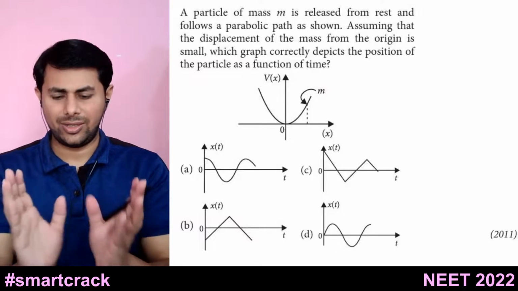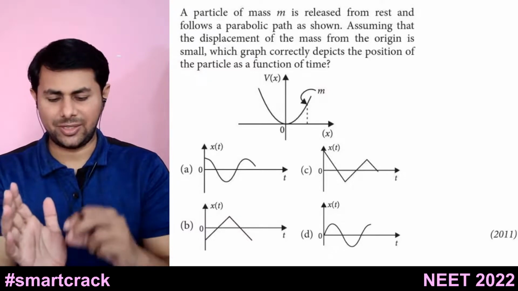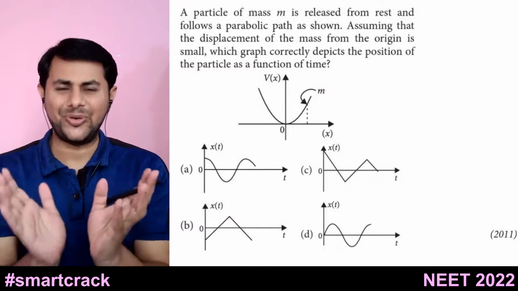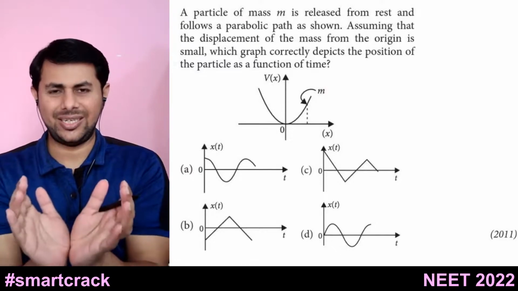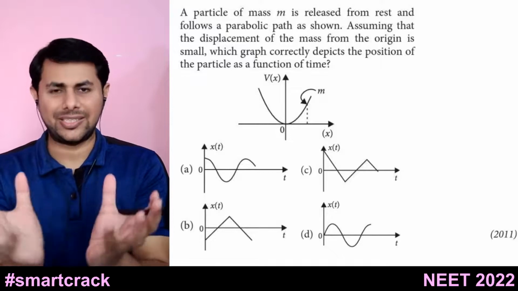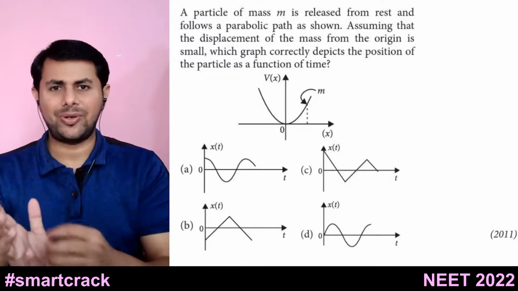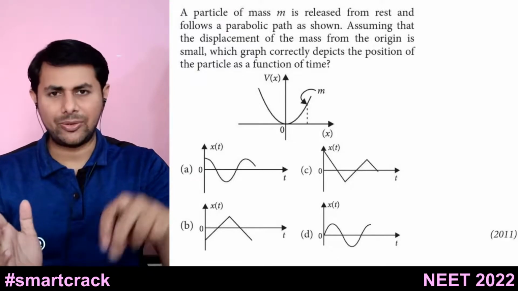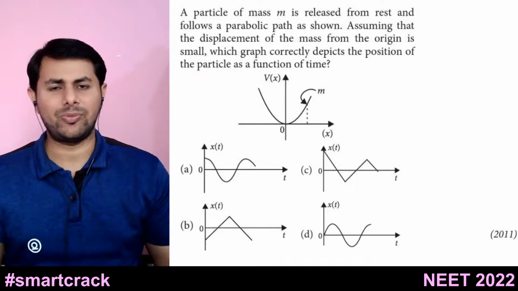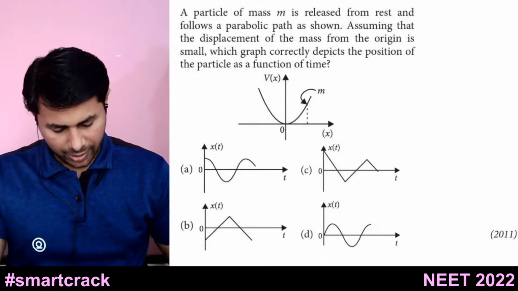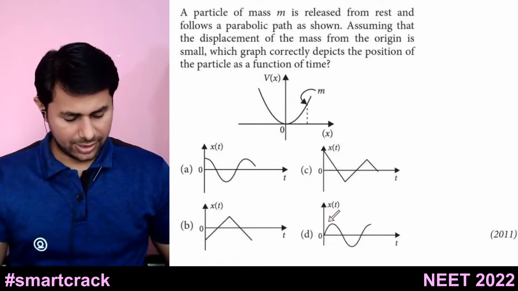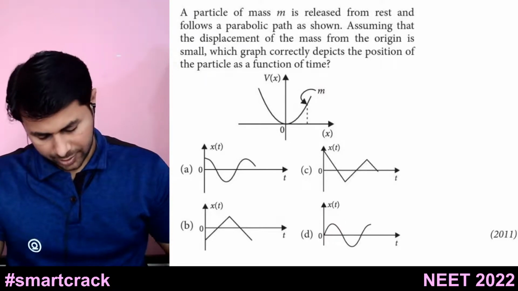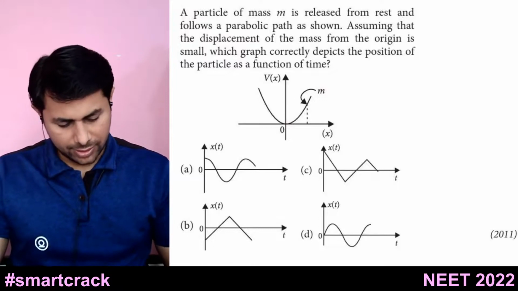So if you have a bowl like this and you have a ball in that bowl, at rest at the origin, at the center of the bowl, it will not perform oscillations. You have to displace it, then only it will perform oscillations. So in the last one it starts from the mean position. It cannot be true. So what is true is option A.